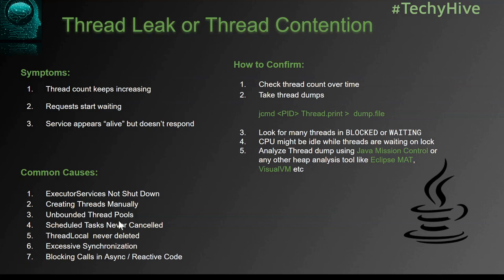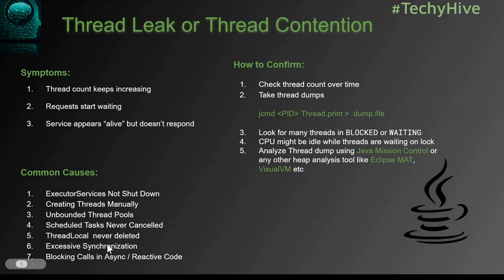Unbounded thread pool. Sometimes you use an unbounded thread pool, and because of the unboundedness of the thread pool, it increases infinitely. Scheduled task never cancelled. So sometimes we schedule a task, but it's never cancelled. Thread local never deleted. Yeah, we have thread locals in our application, but they are not deleted. Excessive synchronization.